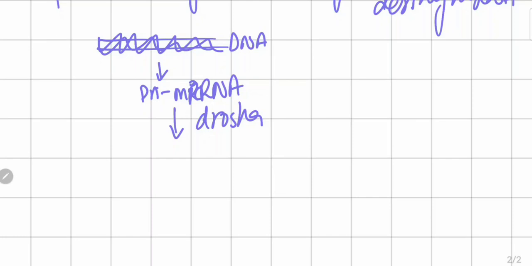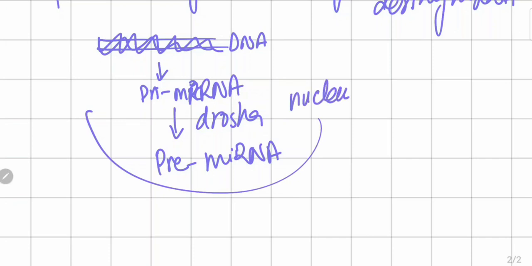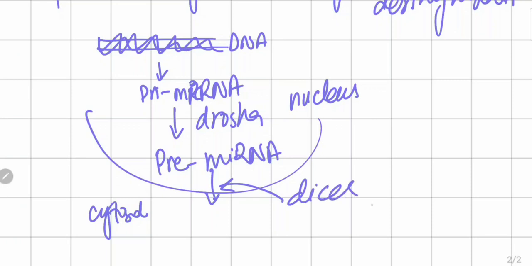This is the Drosha enzyme, and it is going to convert the primary microRNA into pre-microRNA. This occurs inside the nucleus. Then the pre-microRNA is going to travel into the cytosol, and here we have Dicer, another enzyme, and this Dicer is going to convert it into microRNA.